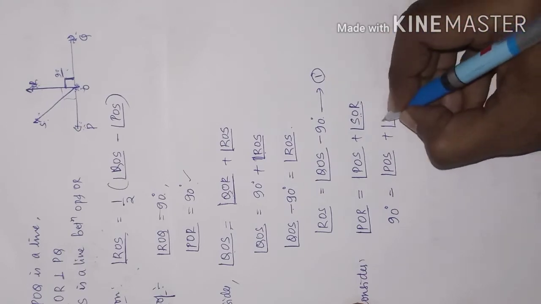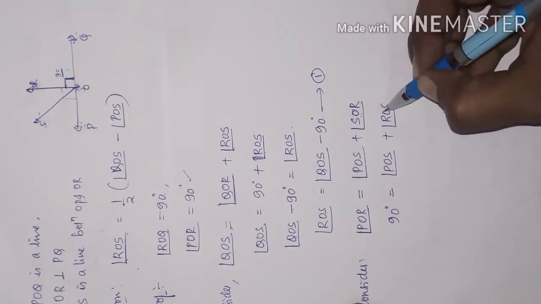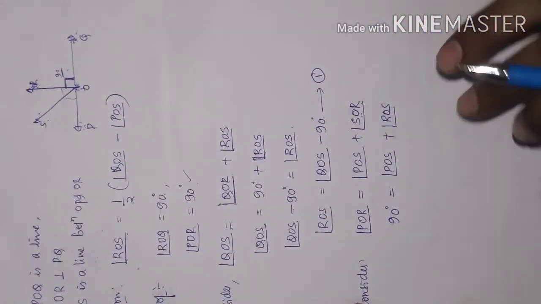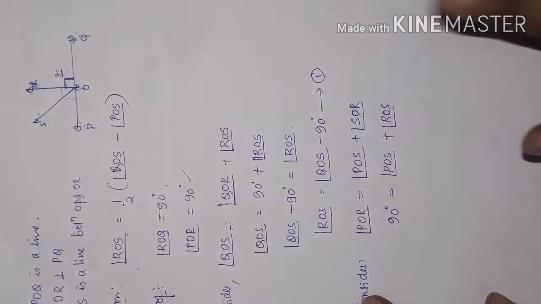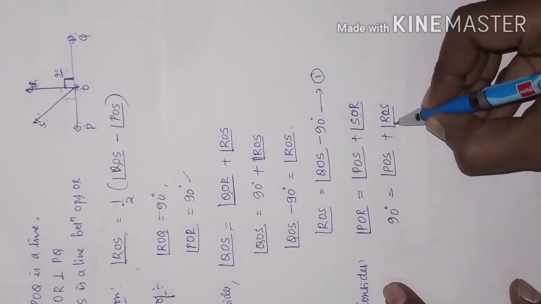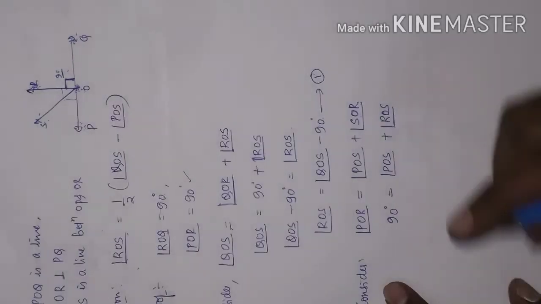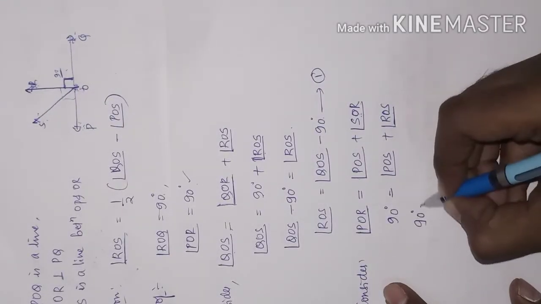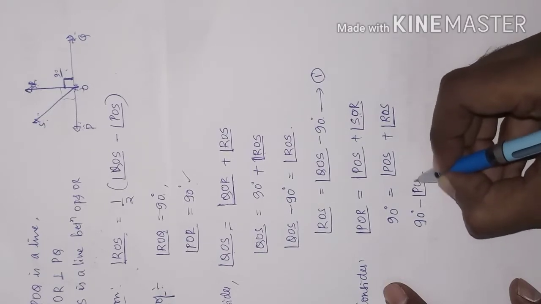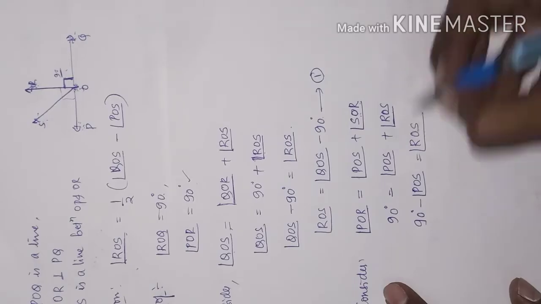SOR we can write as ROS also, both are the same, since the angle is at the center, so there is no change in the angle. So ROS or SOR both are the same. Now once again ROS I will keep on one side, and the remaining terms I will shift to the other side. So 90 degrees minus angle POS is equal to angle ROS.